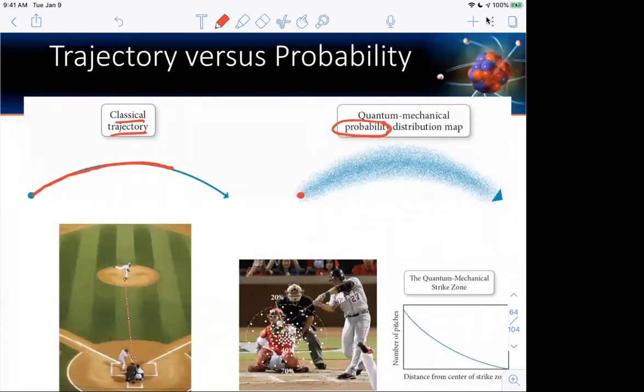Anywhere the blue dots are more intense, I have a higher probability. So the probability that it follows that same arc is high, but there's also probability that it's going to be anywhere else in this map of probability.